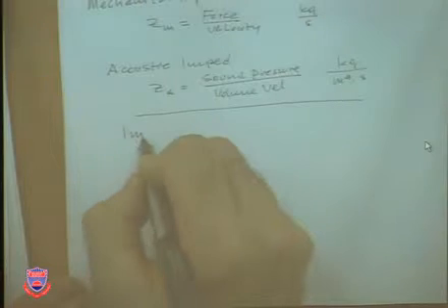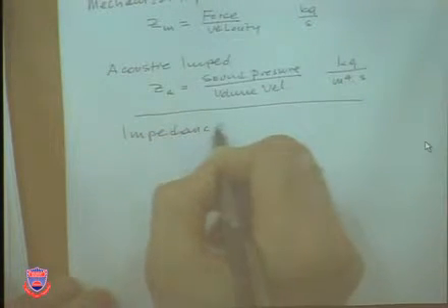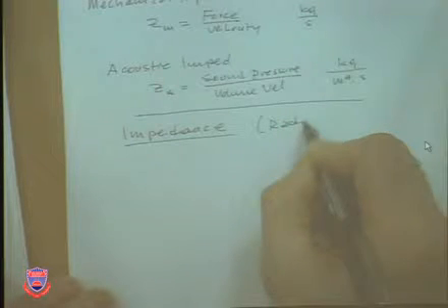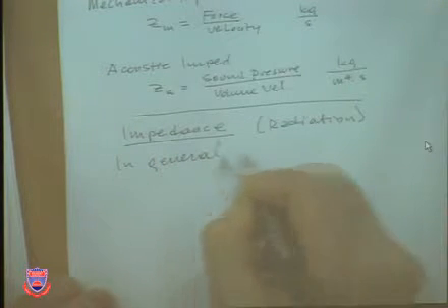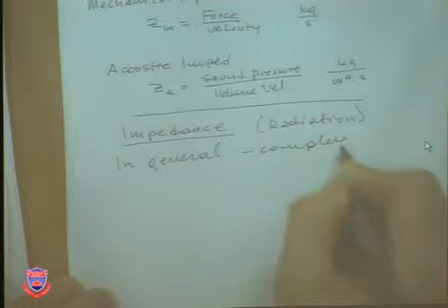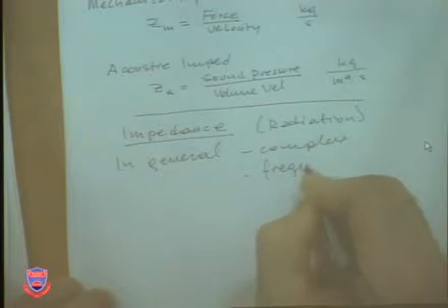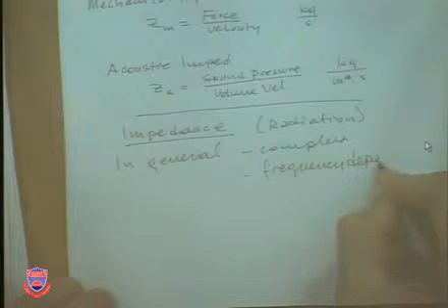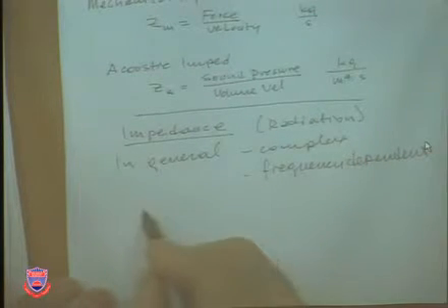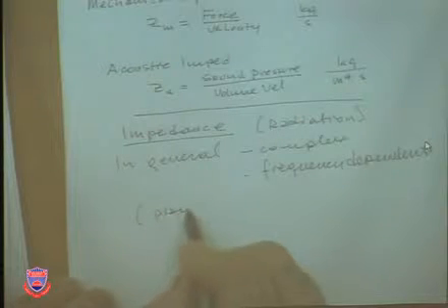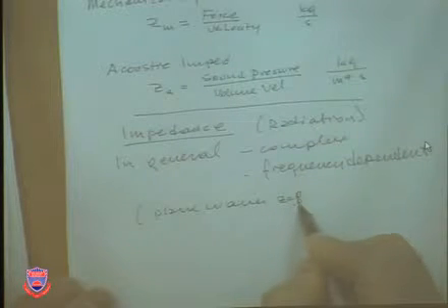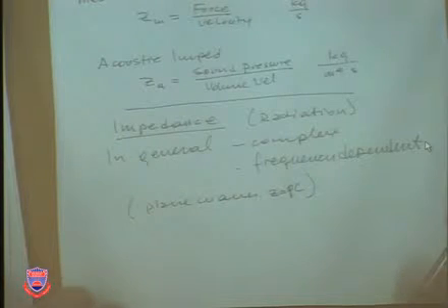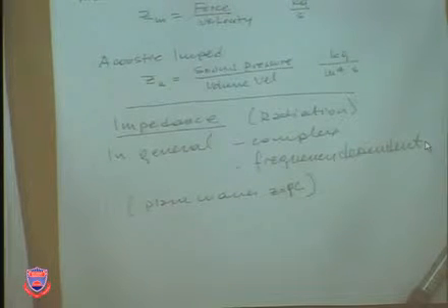Impedance in general, let's call it radiation impedance, is in general a complex number, and frequency dependent. Not like for plane waves, as we had z is equal to rho c. Okay, for plane waves it's simple. It's constant, it doesn't depend on frequency, and it's real. But in general terms, that's not the case.